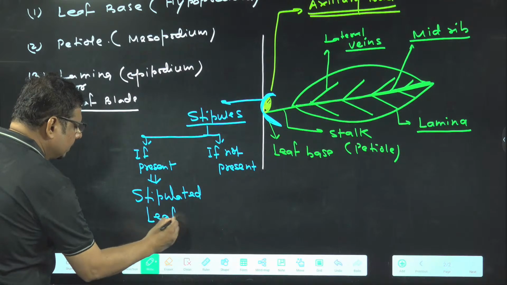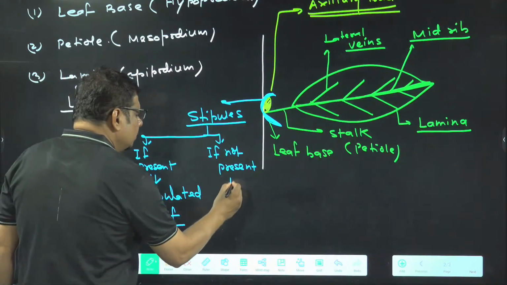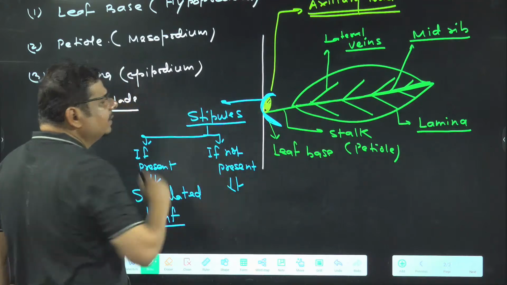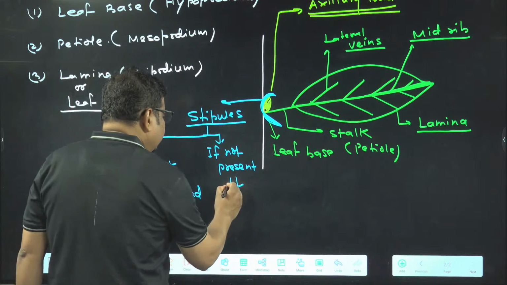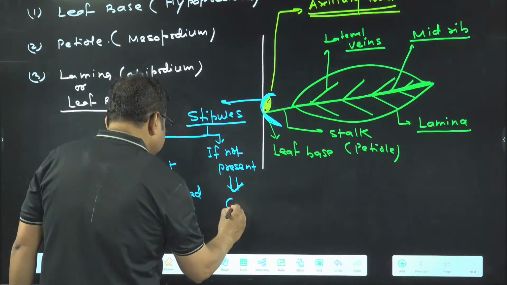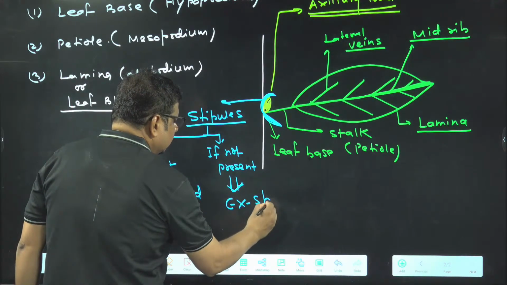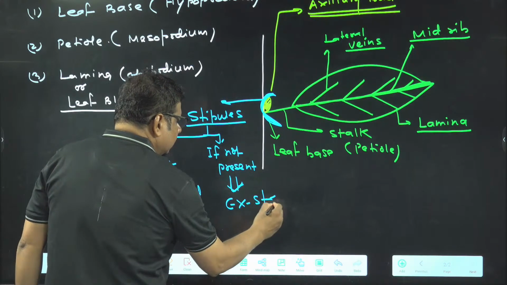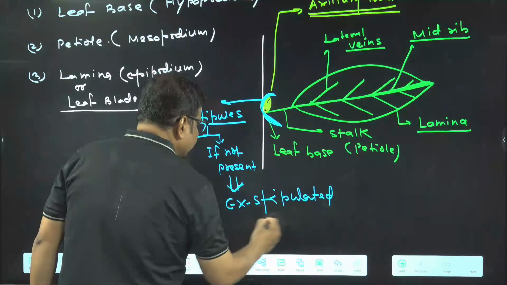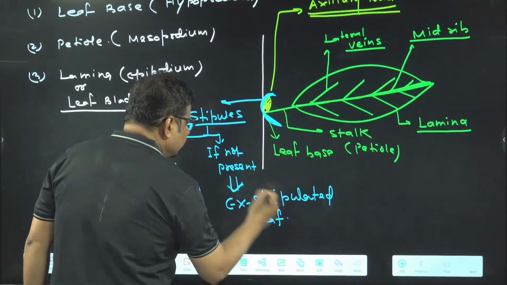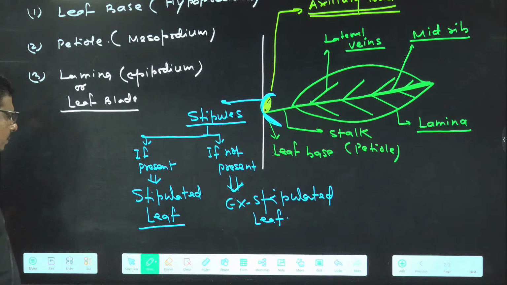And if stipules are not present, these small leaf-like structures not present, getting the idea? This particular leaf is called what? Exstipulate leaf. You are getting the idea? So stipulate leaf and exstipulate leaf.